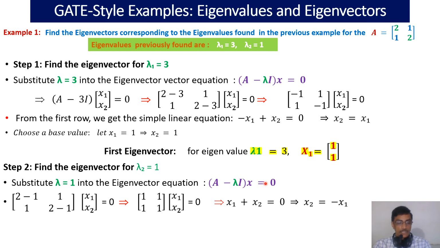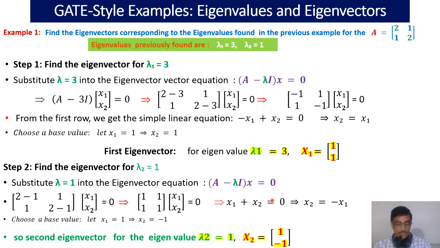So this gives us x1 plus x2 equals 0. Taking x1 equals 1, we get x2 equals minus 1. Therefore, the second eigenvector corresponding to the eigenvalue lambda 2 equals 1 is [1 minus 1].